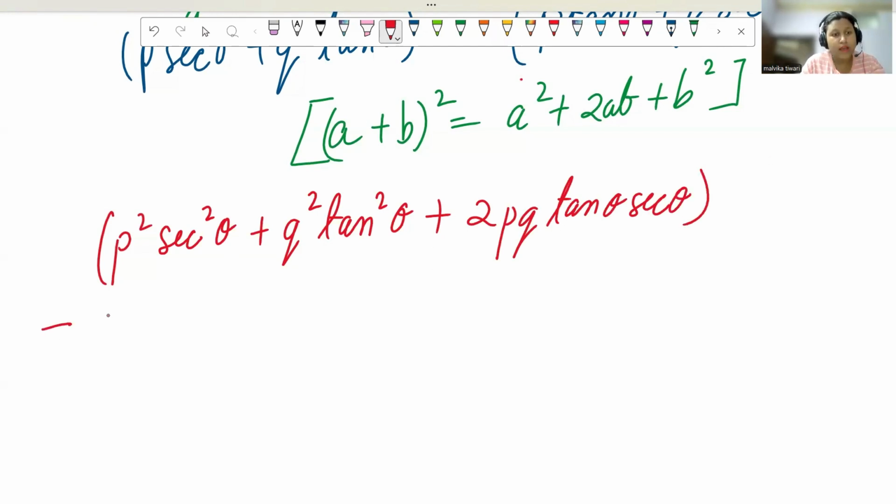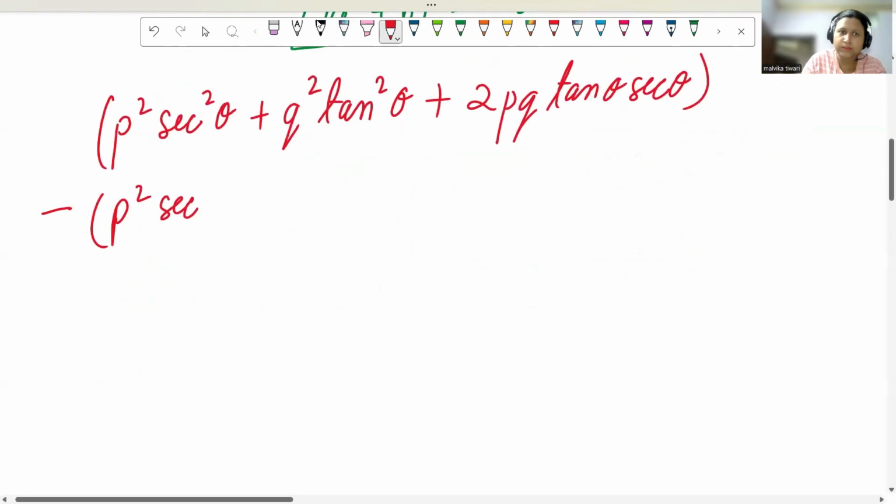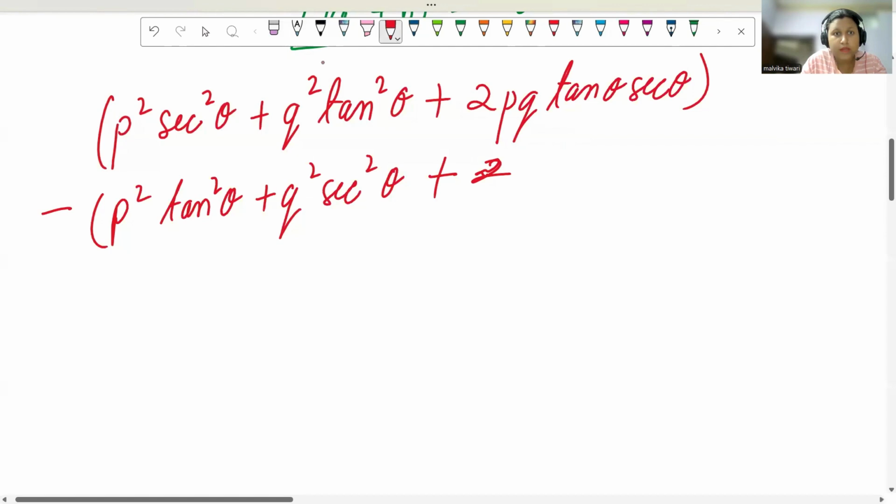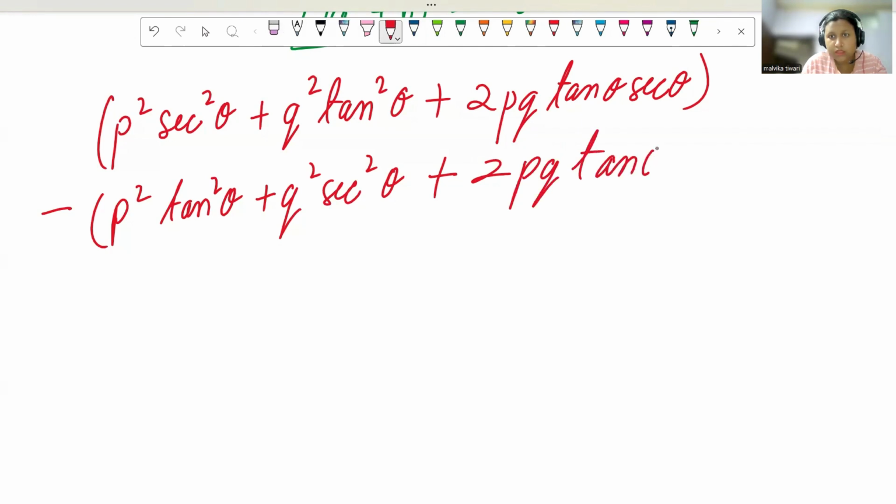Now with this we have a minus, p square tan square theta plus q square sec square theta plus 2pq tan theta sec theta again.